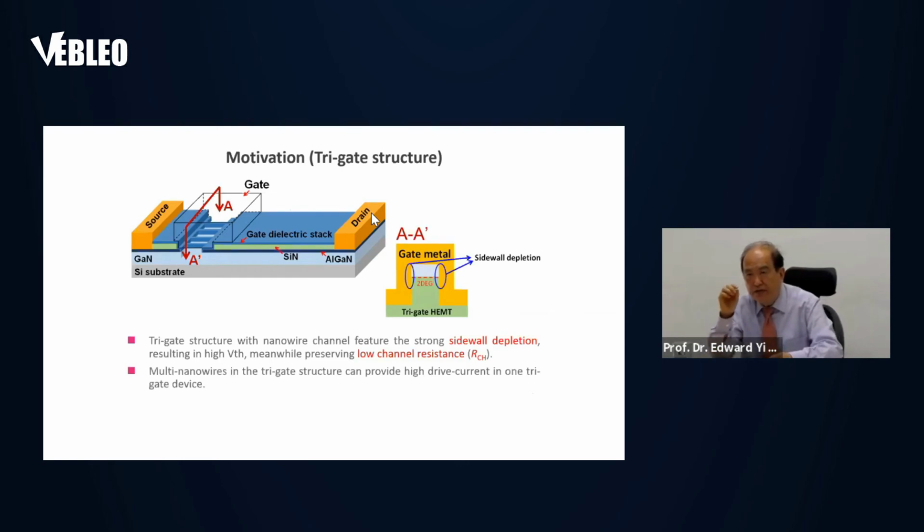There are several fingers, and each finger forms the tri-gate HEMT, and this tri-gate is covered by the stack we just mentioned. And this gate stack can deplete the sidewall, so the device becomes E-mode, because when you're not turning on, the current is shut off, and then we have very low channel resistance this way.